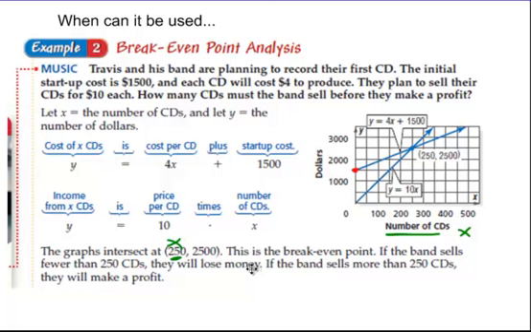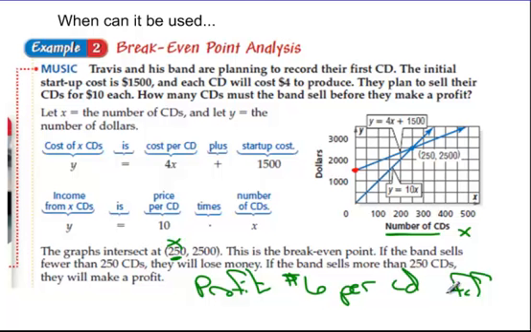Now they're going to sell it for $10, but it cost them $4. So their profit is going to be $6 per CD after 250 CDs sold.